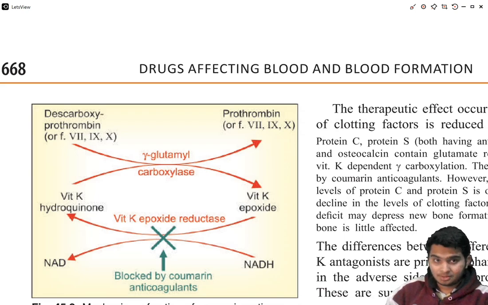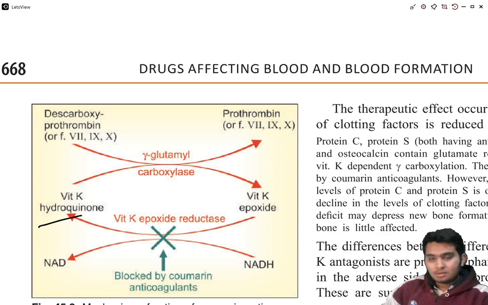So here is the mechanism. Factors 7, 9 and 10 require carboxylation for their clotting ability. Vitamin K hydroquinone is used by gamma glutamyl carboxylase for carboxylation of factors 7, 9 and 10.